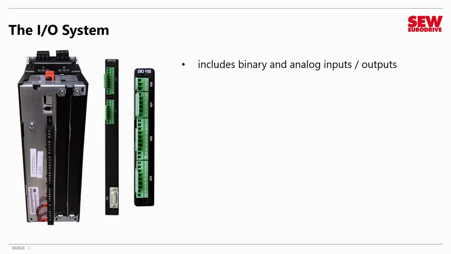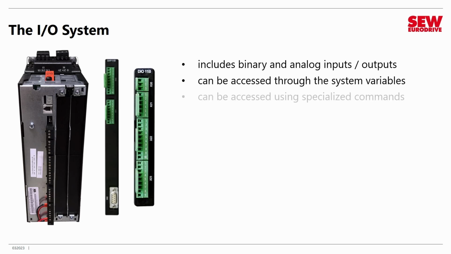Well, we have both binary and analog inputs and outputs, so of course they require slightly different handling because analog inputs and outputs give you a range of numbers, whereas binary is just an on or off. And some of these can be accessed through the system variables. There are dedicated system variables to access different parts of the I/O. And some require special commands that access them.